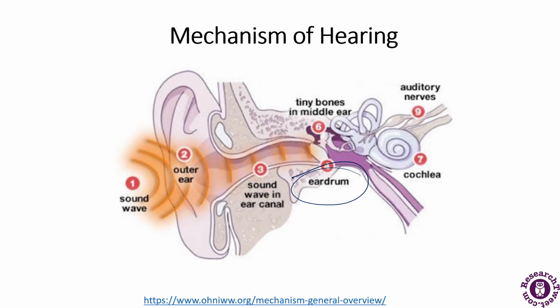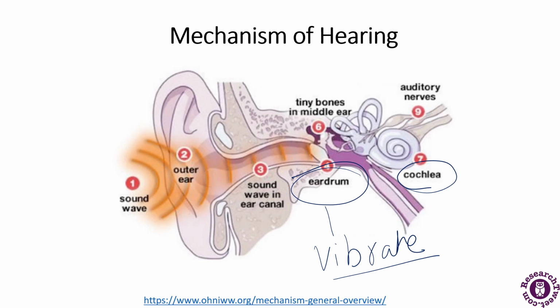Once the eardrum moves, the eardrum will vibrate, and with it the different sounds. These sound vibrations make their way through the ossicles to the cochlea.